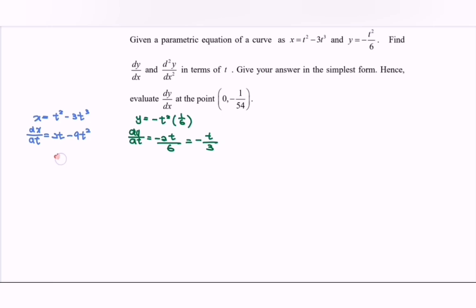Next, we have dy/dx equals dy/dt multiplied with dt/dx. So here we have negative t over 3. Multiply, and do remember to flip the situation. So we have 1 over 2t minus 9t squared.